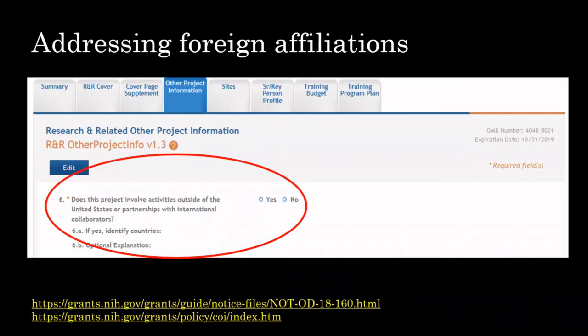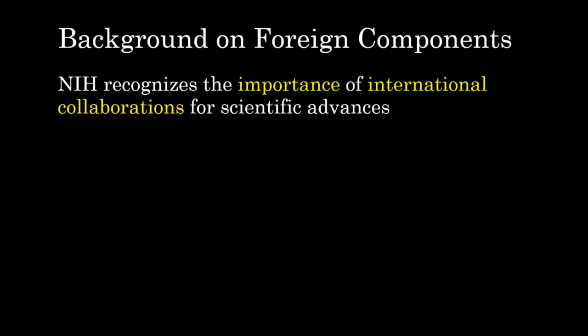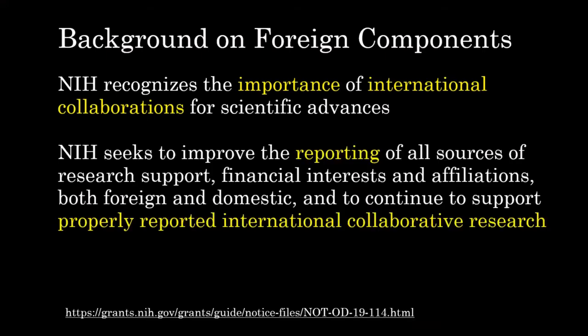That is the big aspect of what we need to start disclosing: participation in publications. NIH recognizes the importance of international collaborations, and they actually encourage it. They want it to continue to happen for scientific advances. They just want us to be open and disclose what we are doing.